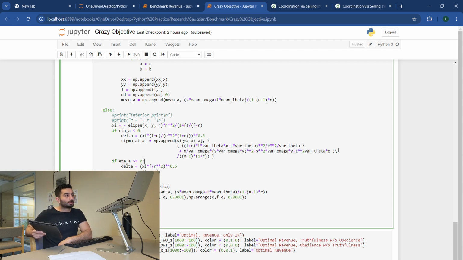And 1 over, yeah, second. I wrote the second actually. Okay, I did good. 1 plus r sigma I theta I minus t var theta squared plus n var omega, which has the var omega term, the other one doesn't have it, minus s greater than minus t greater than and over d greater than. That's it, simple, right?